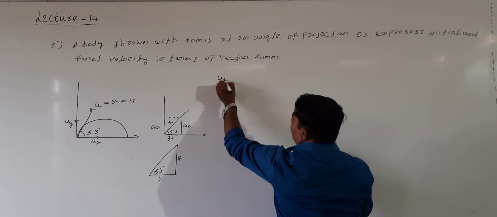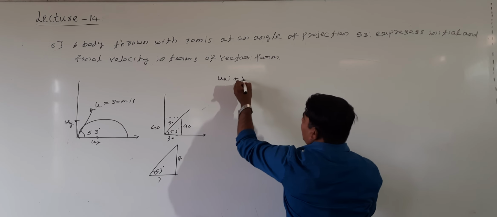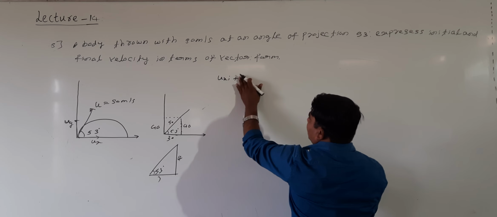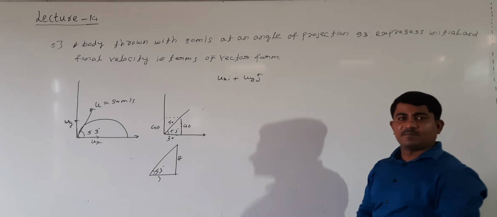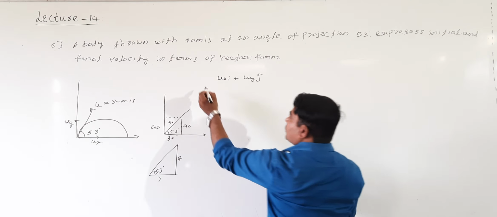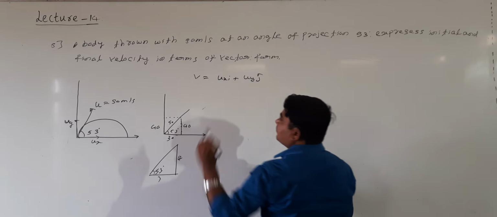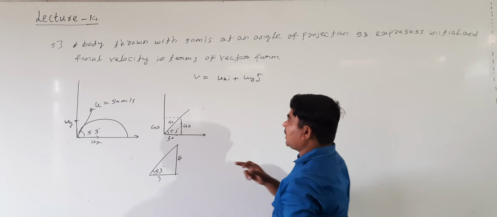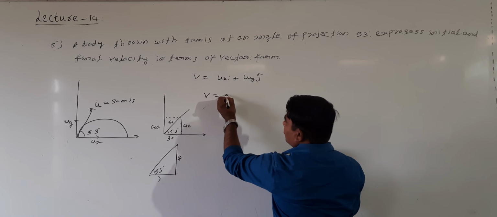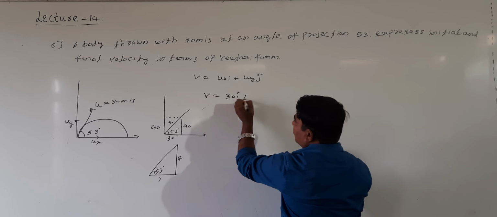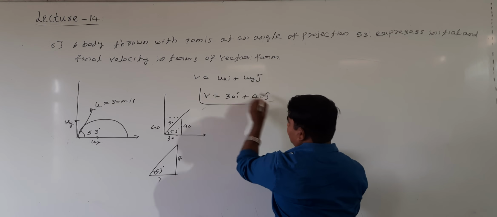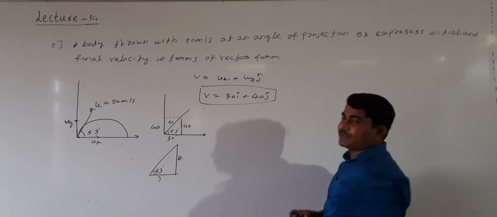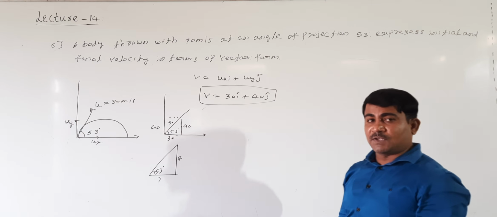Initial velocity can be replaced by ux i cap plus uy j cap. Right? This is the initial velocity in terms of vector form. Ux how much? 30 i cap plus how much? 40 j cap.